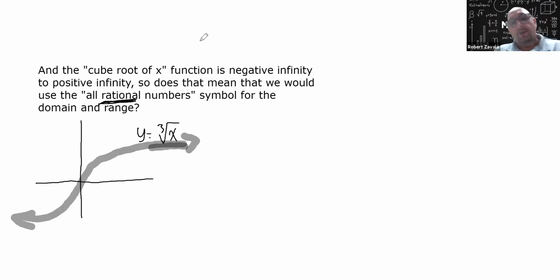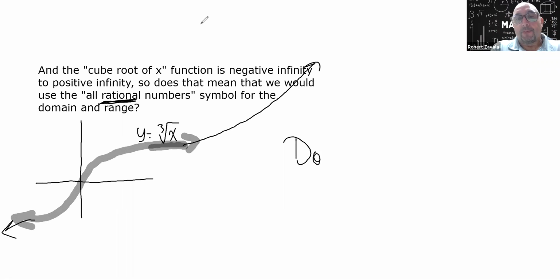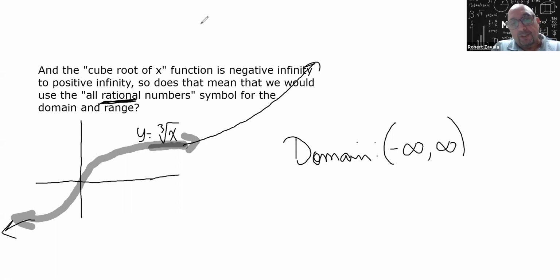Okay, so the graph looks something like this. This is really rough, but something like this. And if I were to exaggerate the graph, I would know that the graph would actually continue to go up and go down. So my domain would be from negative infinity to positive infinity, where positive infinity would be to the right, negative infinity would be all the way to the left.